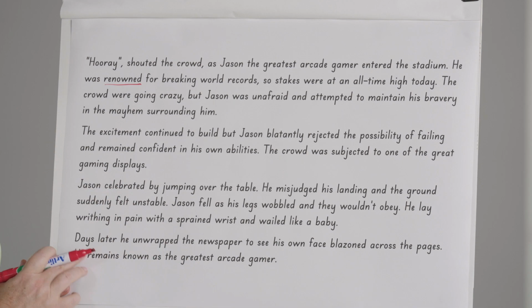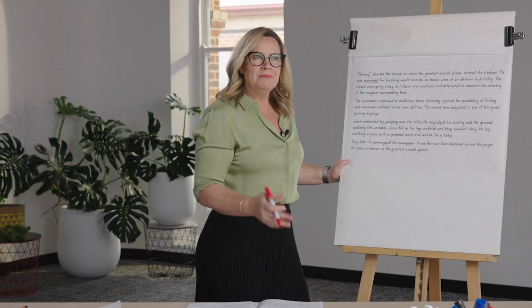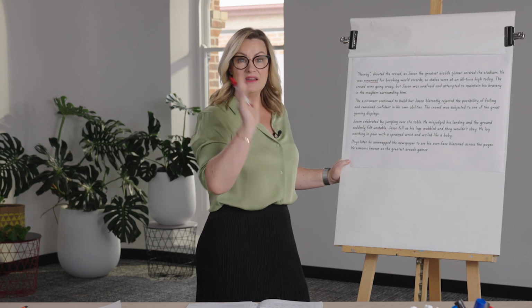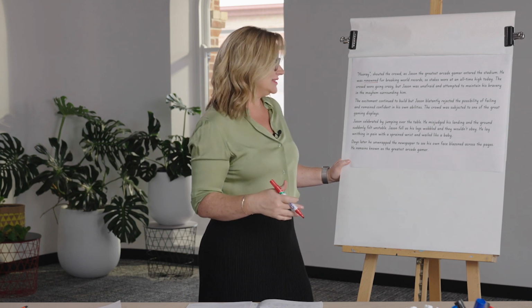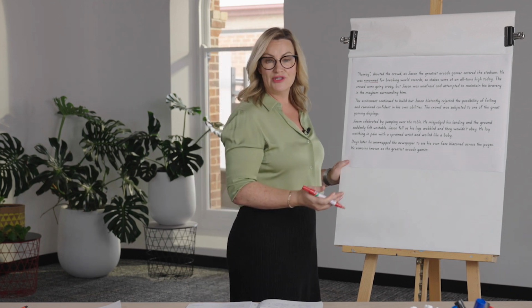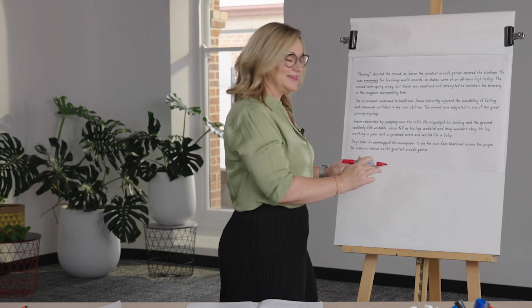But, days later, he unwrapped the newspaper. Once again, back when I was a teenager, the newspaper did come wrapped up and there was someone who delivered our newspapers every day. Most people tend to read their news online now, but Jason still has his delivered.